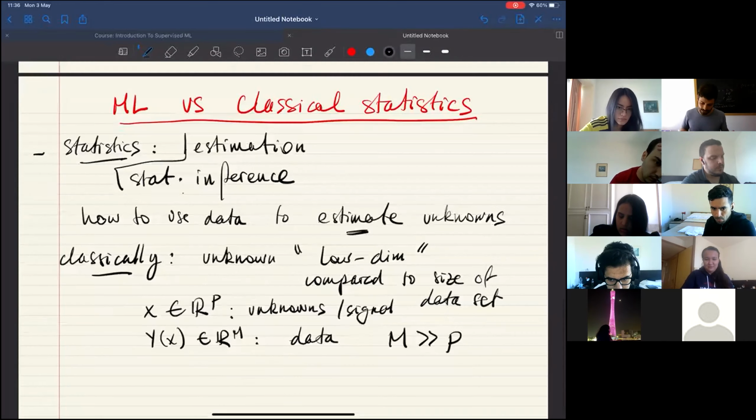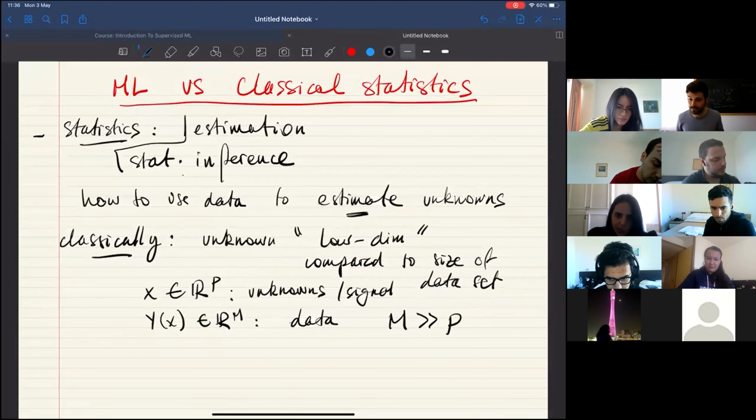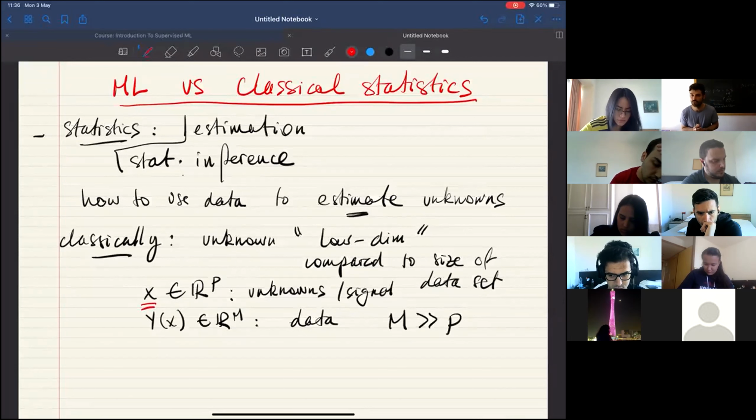And really what interests you here is to recover this unknown quantity. You want to find these unknowns.